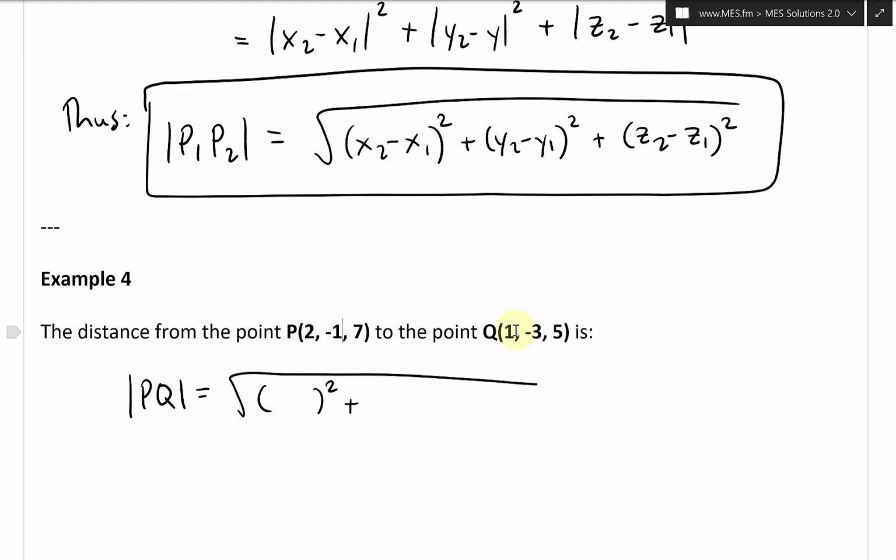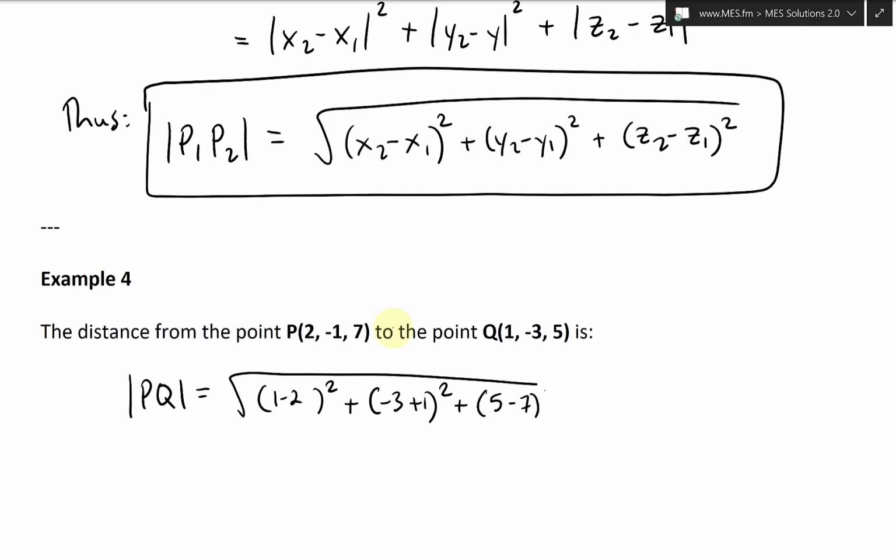So let's just go 1 minus 2, taking this as our second point, P2. Then this can be -3 minus 1, and minus -1 is going to be plus 1. And then plus, the next one is 5 minus 7.